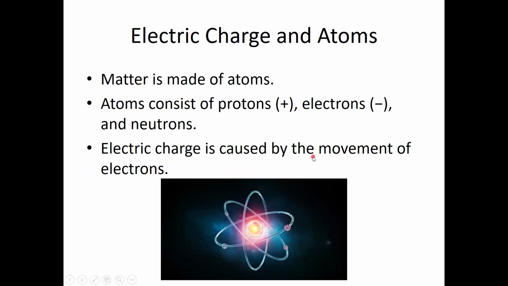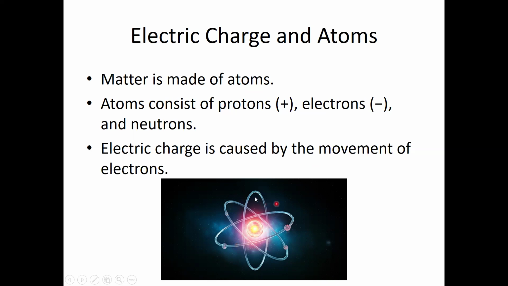Now, in the basics of electricity, we have to understand what is an electric charge and what is an atom. So there is this topic, electric charge and atoms. Every matter, whether it is a piece of wood, a piece of plastic, or a piece of conductor, is made of many atoms.